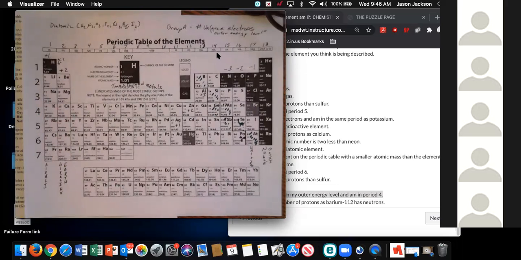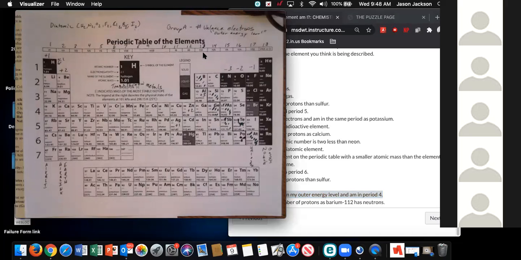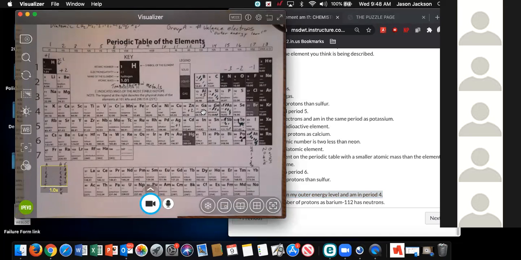Here is Roman numeral 4. Wait, let me make sure. I have 3 electrons in my outer energy shell. So we're not looking for Roman numeral 4. We're looking for Roman numeral 3, and I'm in period 4. That would be none other than gallium.